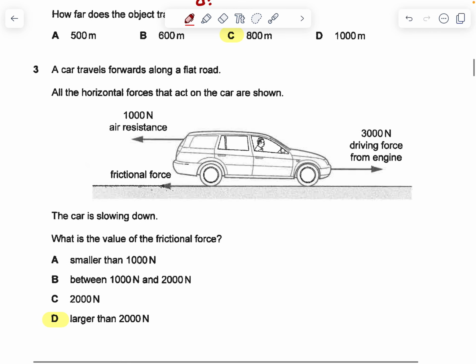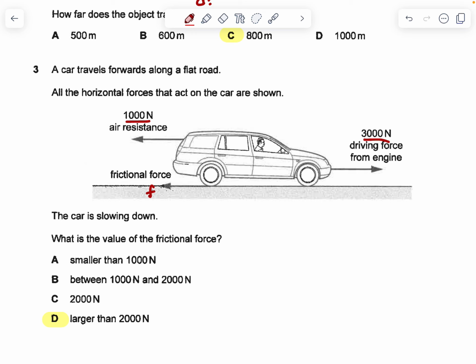Question 3. A car travels forward along a flat road. All the horizontal forces that act on the car are shown. So there is an air resistance, 1000 newtons. There's a frictional force. Let's use small letter f. There's a driving force, 3000 newtons towards the right.